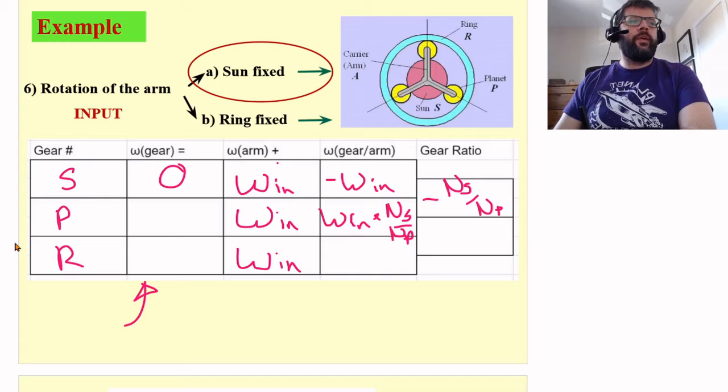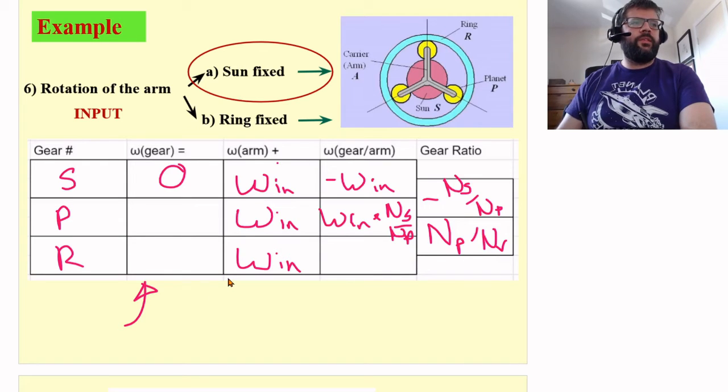The gear ratio there is the speed of the input divided by the speed of the output, which is equal to the N of the planets divided by the N of the ring, and those two things multiply.